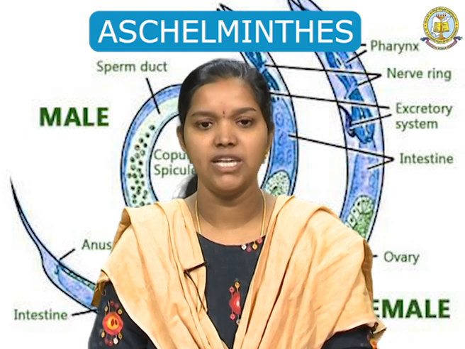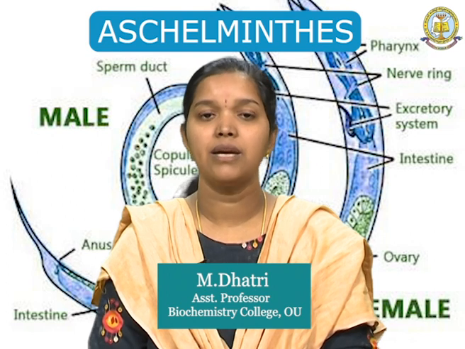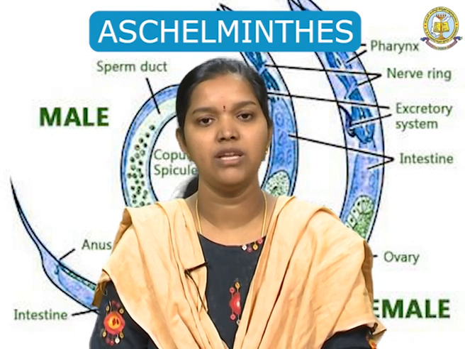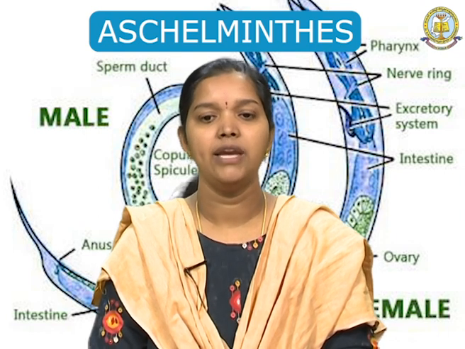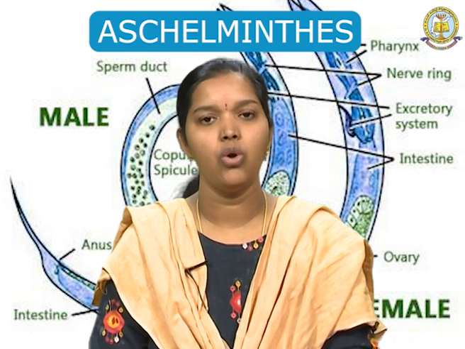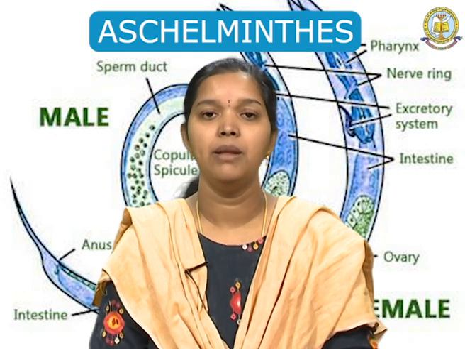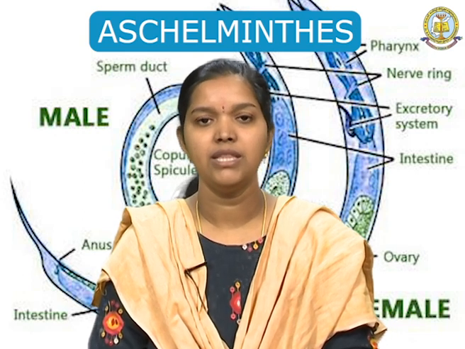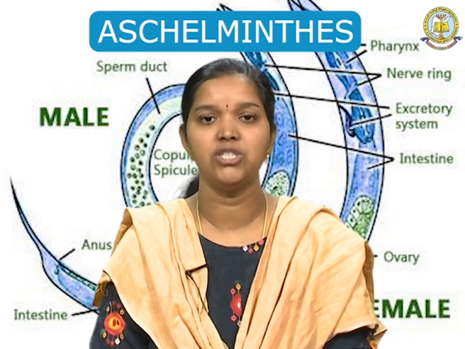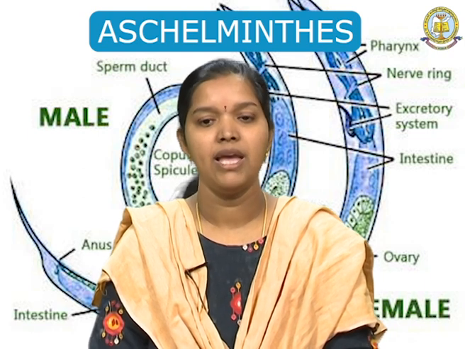The reproduction is sexual as well as parthenogenetic, that means the complete development of the embryo occurs within the female without any fertilization, and they are both ovoviviparous and viviparous. Ovoviviparous means the egg cells mature within the body of the female organism, that means they develop and hatch within the female, like in snakes.